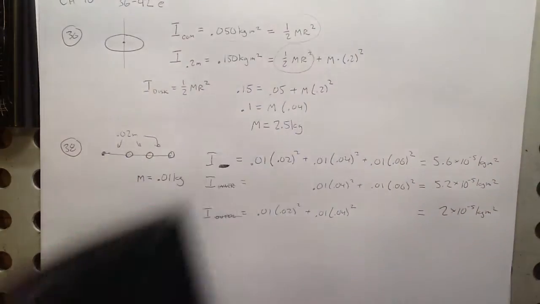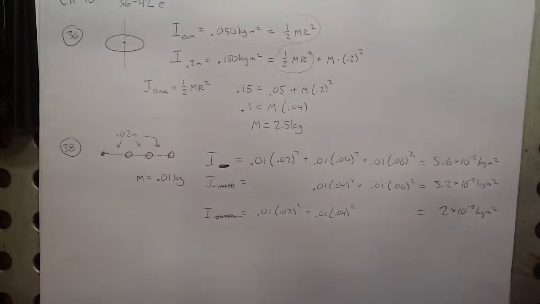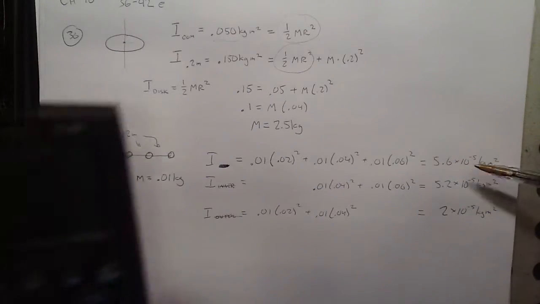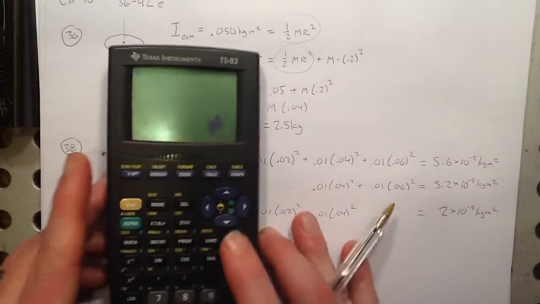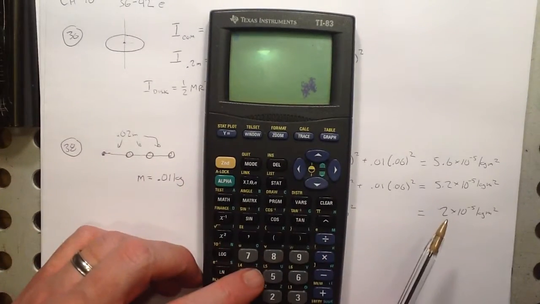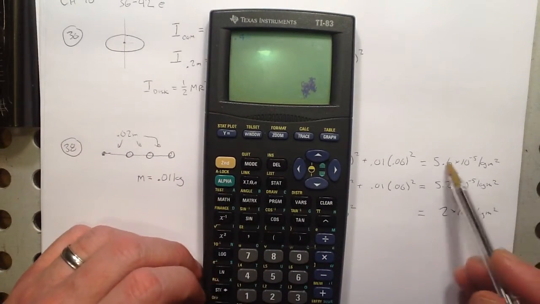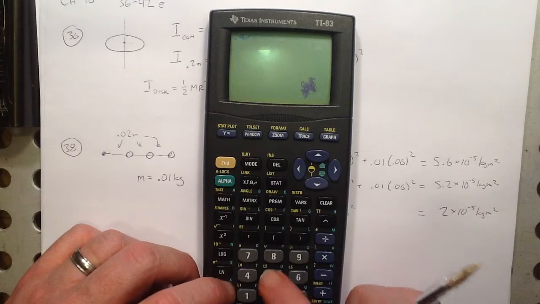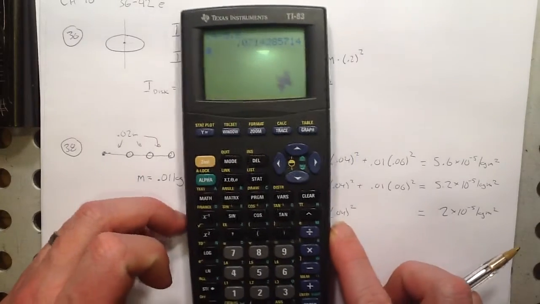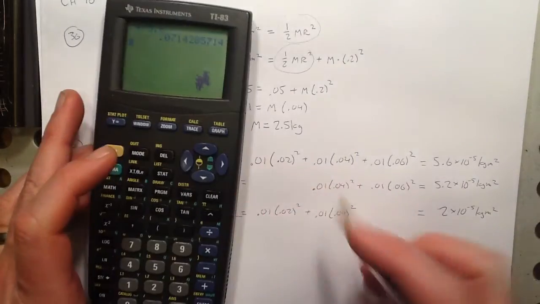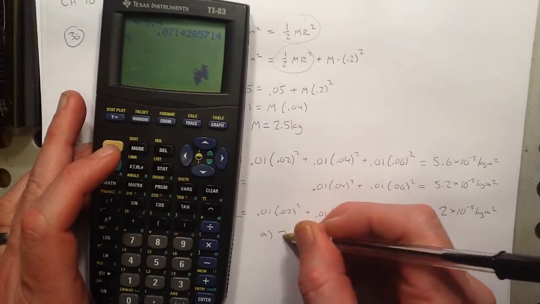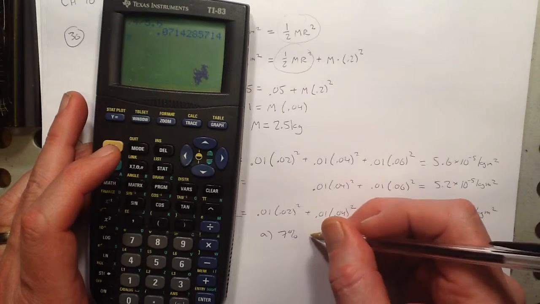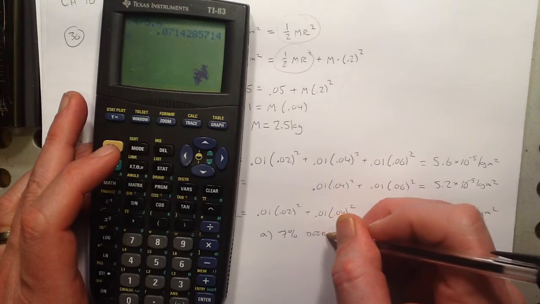And they want to know by what percentage does it decrease. So percent change is just the difference between these two divided by what we started with. So the difference is 0.4 times 10 to the negative fifth divided by 5.6 times 10 to the negative fifth. So for part A, that's a 7% decrease.